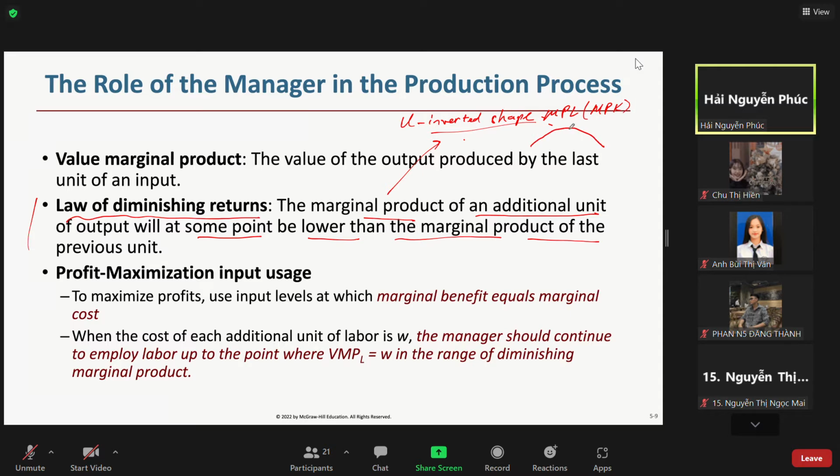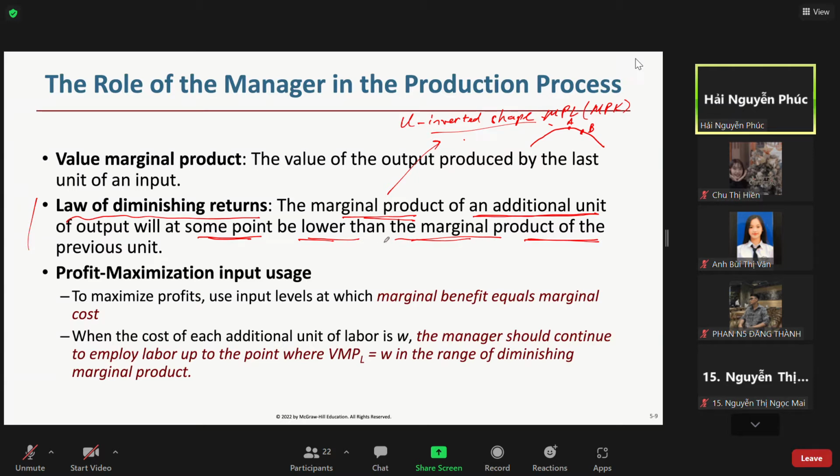At some point, for example, here's point A and point B. You can see that the MPL at point B is lower than the MPL at point A. That's why we say that the marginal product of an additional unit of output at some point would be lower than the marginal product of the previous unit.